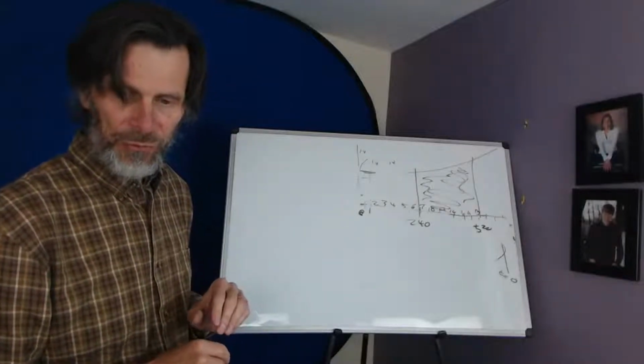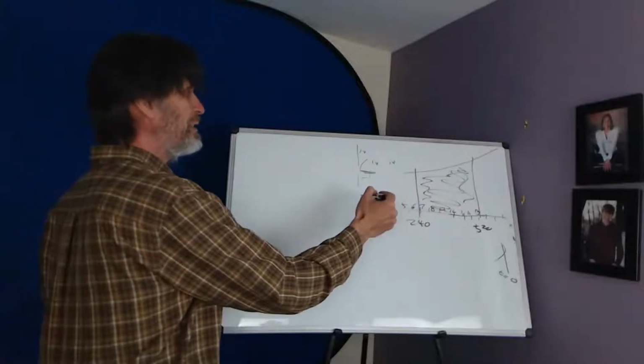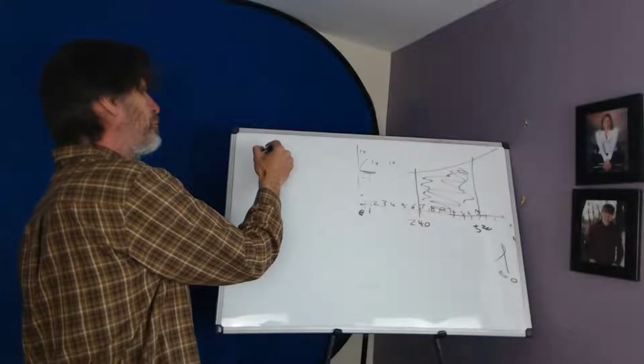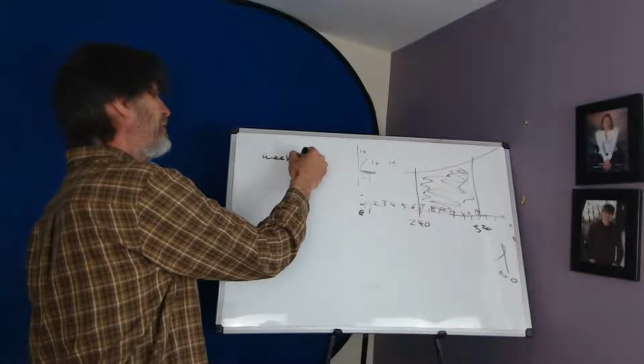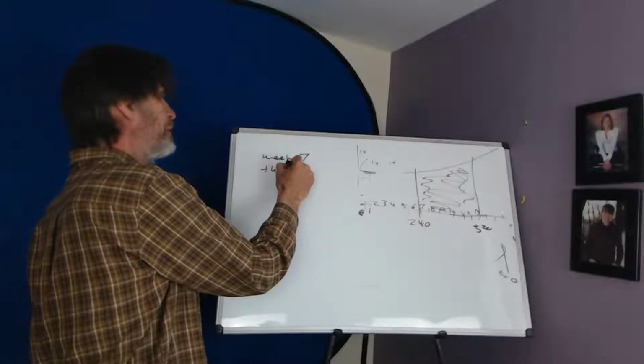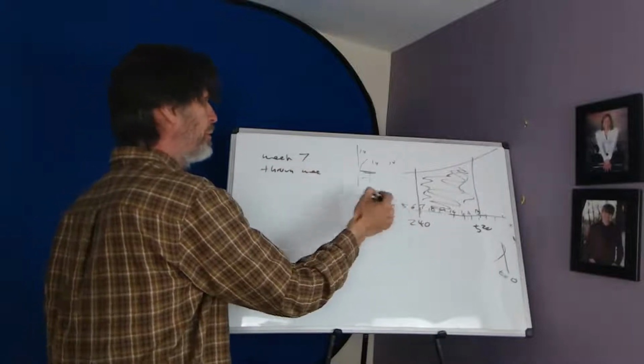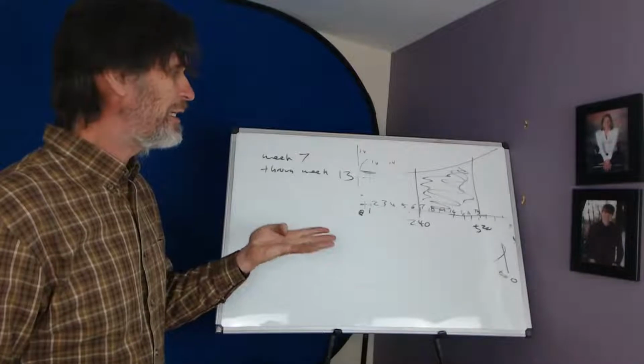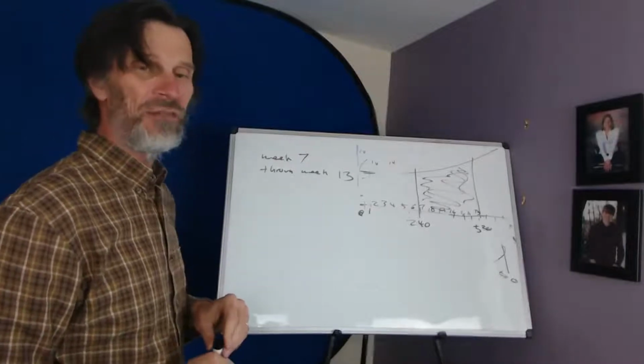How much she made between week 6 and week 13. Well, week 6 was before she got there. So it's how much she made from week 7 through week 13. 7, 8, 9, 10, 11, 12, 13. Those 7 weeks.